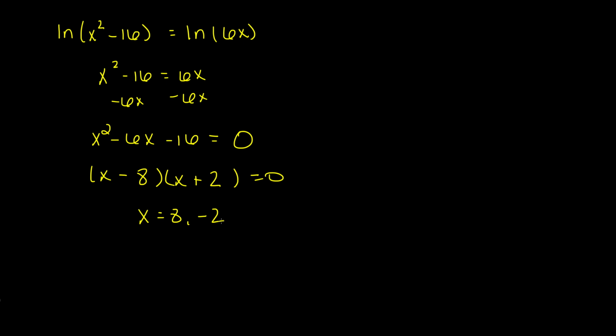The next thing that I need to do is check this to make sure I don't have any extraneous solutions. So I'm going to use x equals 8 as my first element. So natural log of 8 squared minus 16.